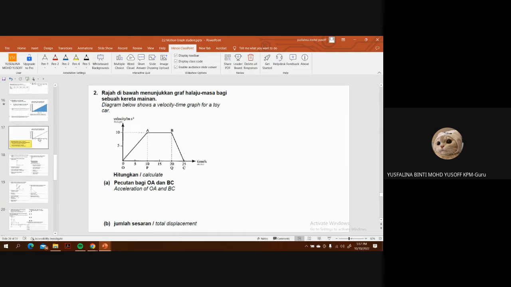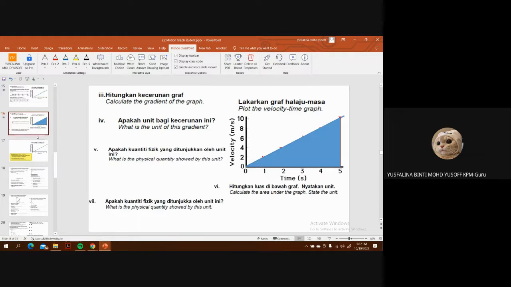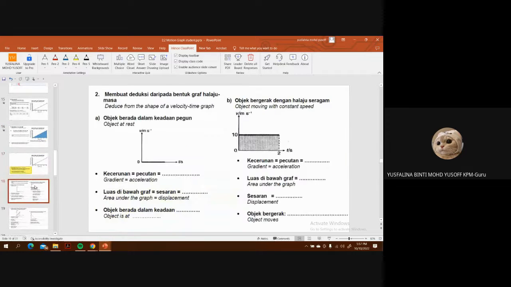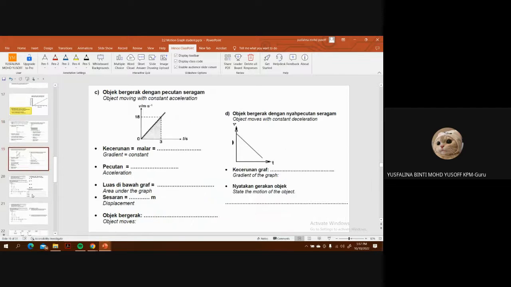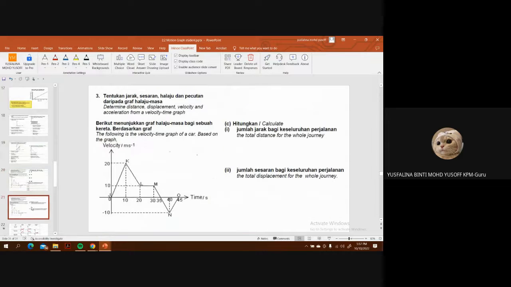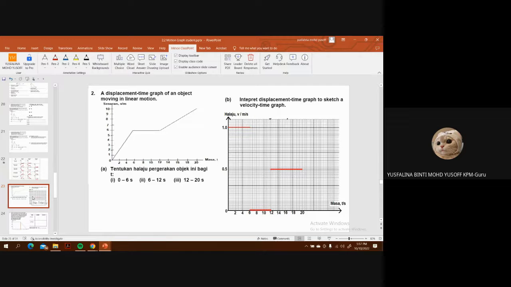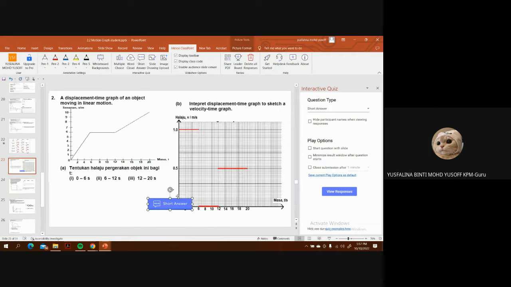Sebab selalunya for the paper, for this question they come out in paper 2. Okay, so let's see this question. A displacement time graph, they ask you to find the velocity, right? So from 0 to 6, 6 to 12, 12 to 20, you need to calculate the gradient. Okay, so let's see this one.